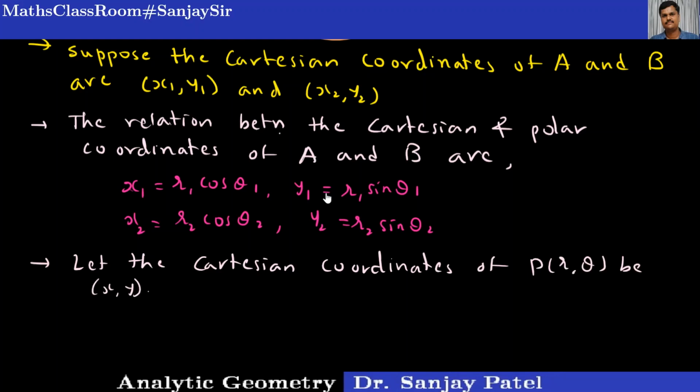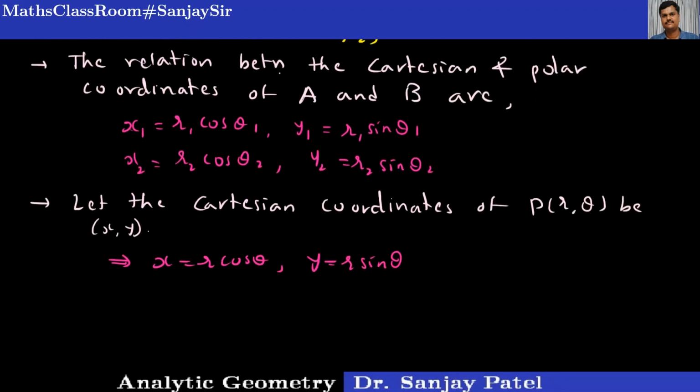So in this case we'll get the relation between this Cartesian and polar coordinates as x is equal to r cos theta and y is equal to r sin theta. So keep this in mind. You can call this equation number 1 and this equation number 2.